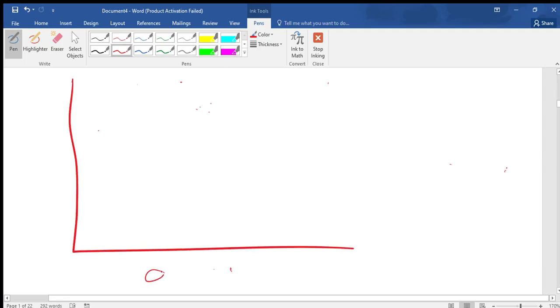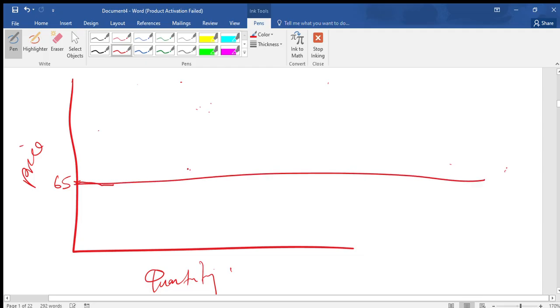This is quantity and this is price. So this will just be a horizontal line. This will be at 65 somewhere there. And this will be P equals to 65. So when quantity is changing, price is just stagnant. For every quantity, the price is just still the same, 65 kwacha. That's what it means.